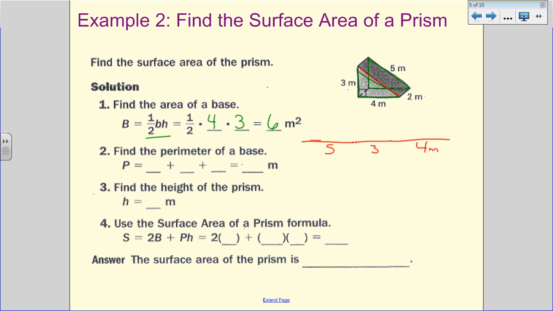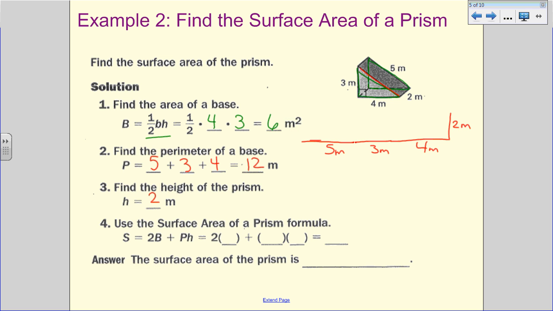So the perimeter of that base is 5 plus 3 plus 4, for a total of 12 meters. It's opened up with this 2 meters here, and so the height of it is 2 meters.